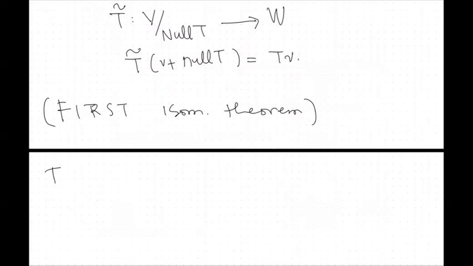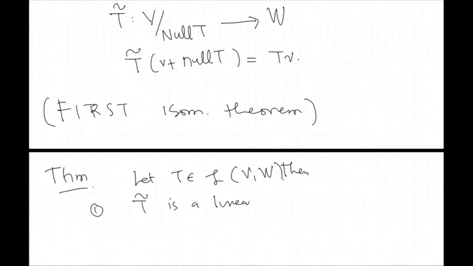So this is the important theorem on null space and the range. This is the first isomorphism theorem. Let T be an element of the set of linear maps from V to W. Then number one, T tilde is a linear map from V modulo the null space of T to W. So this is clear.